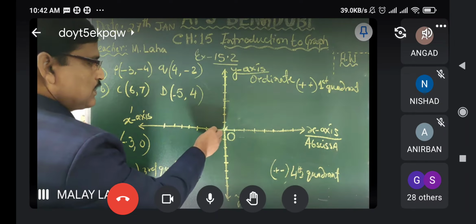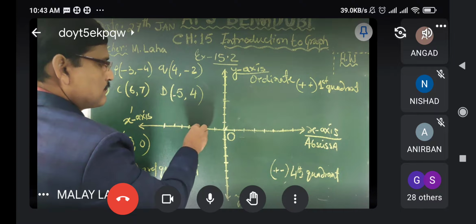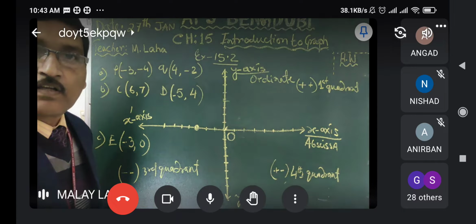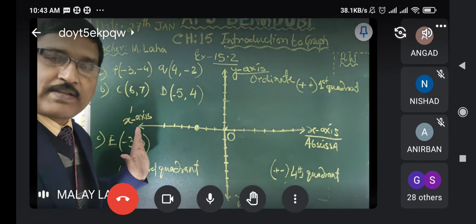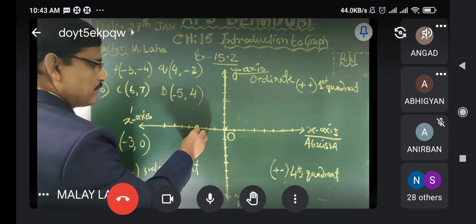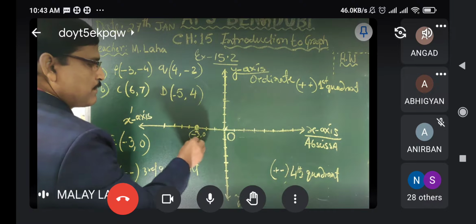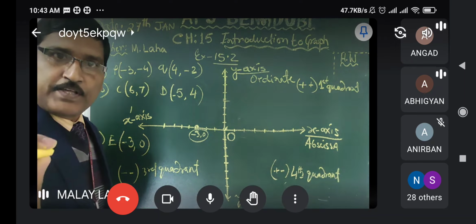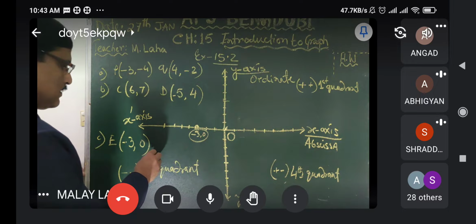So it lies here, 1, 2, 3. It will lie on the x-axis, in the negative direction. Here is the position of -3, 0. Understood my point? Everybody clear?